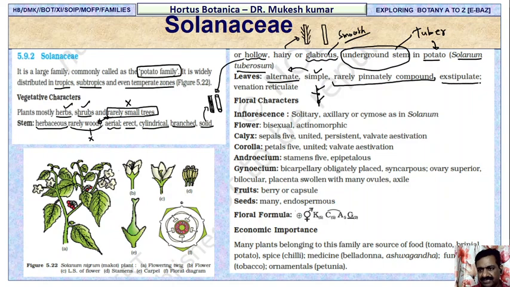But they are telling, yes, rarely it may be compound. Exstipulate means a stipule was present earlier, but now it is not present. So at this time, ex means a stipule is not found. A stipule is absent. That's why it is called exstipulate, right? You know, ex-friend, ex-MLA, right? So ex means present earlier, but now not present. Actually, what happens? See, this is the stem, and this is the leaf base, and we are bearing the stipule.